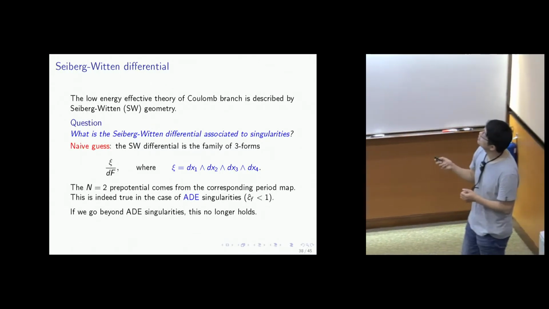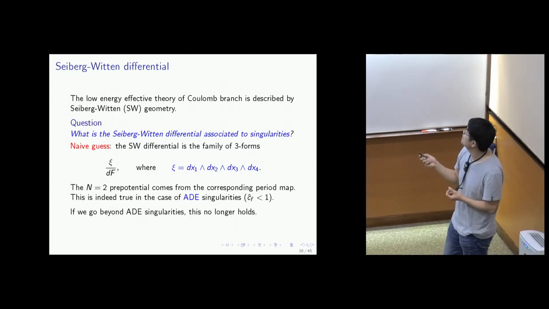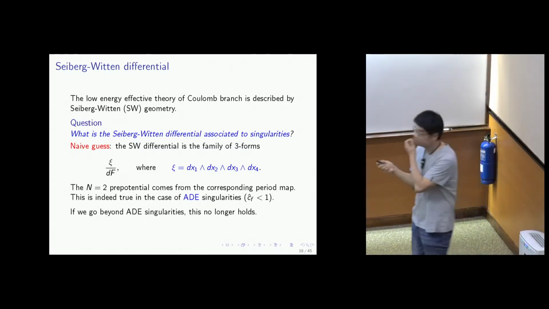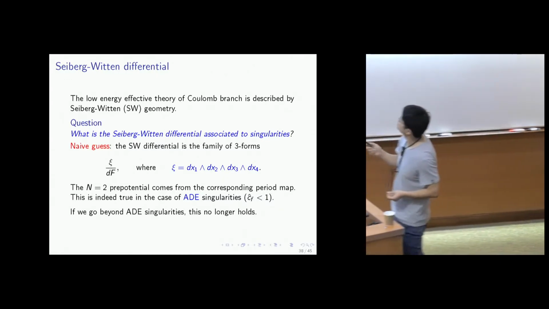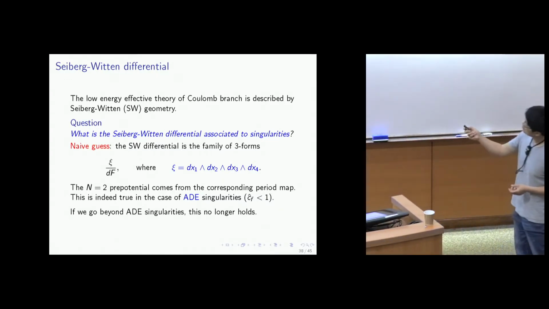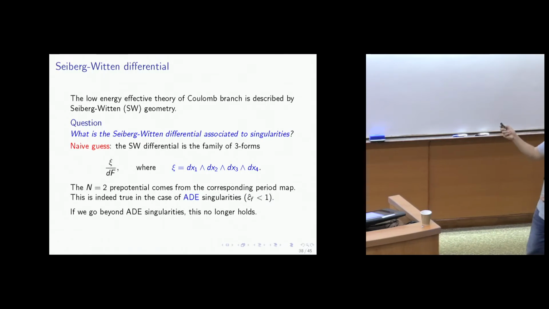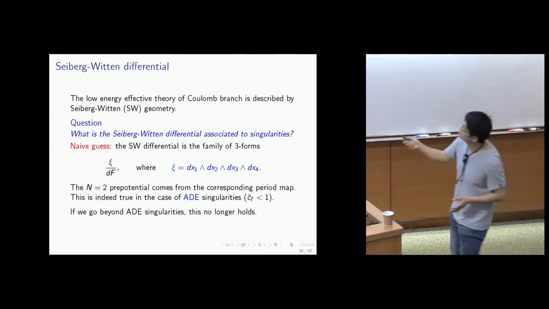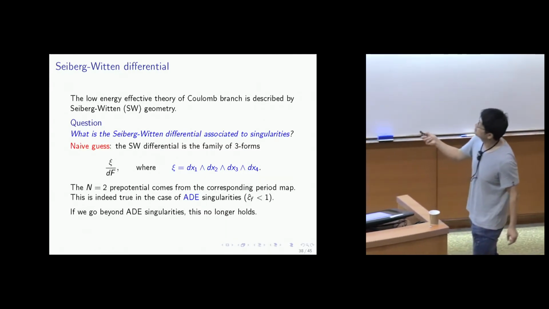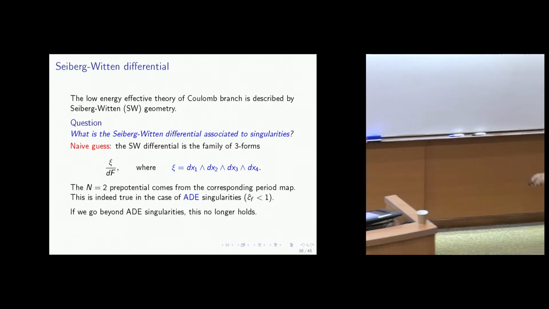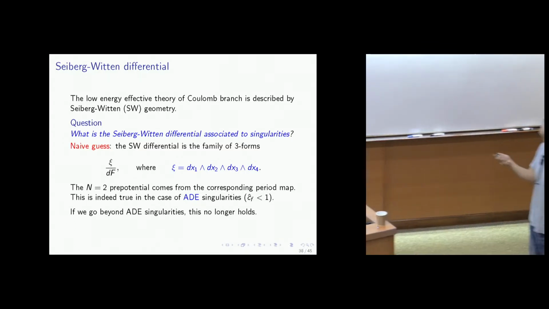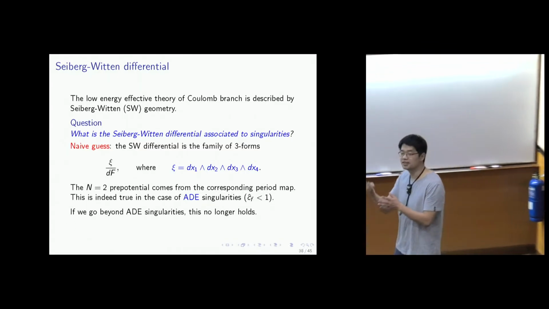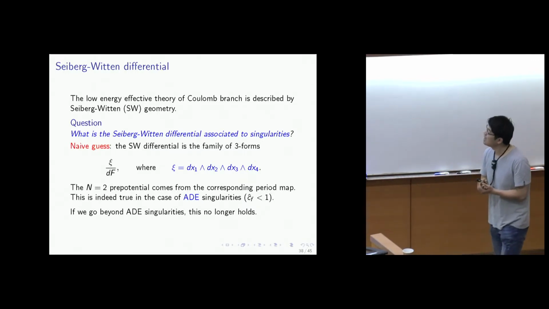So the naive guess is to pick this standard volume form that appears in many places in the physics literature. You guess the Seiberg-Witten differential is a family of 3-forms of the following type: a volume form over this one-form df, the deformation of the polynomial. If you compute the periods of this, you might expect to find some kind of special geometry.